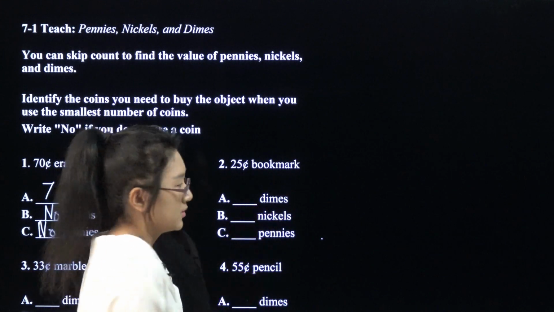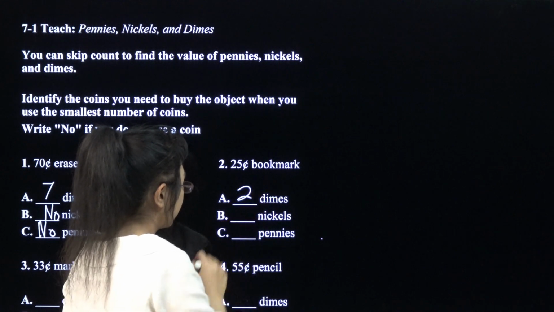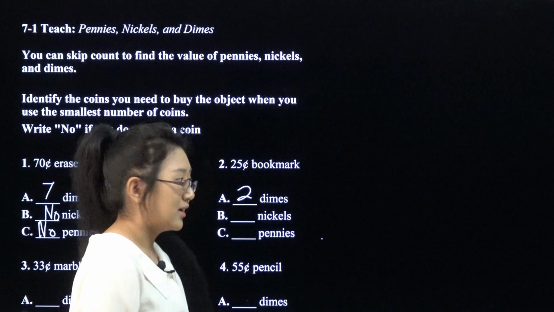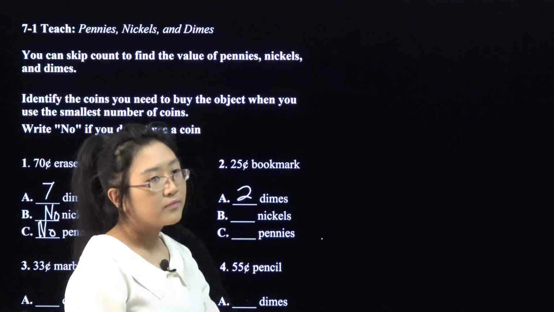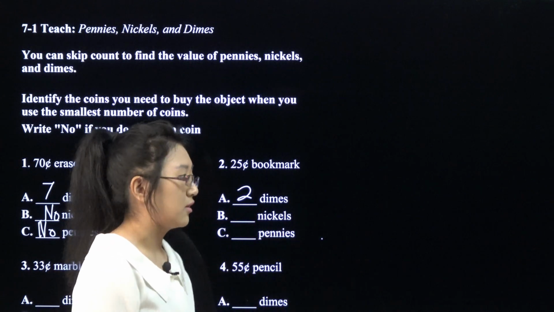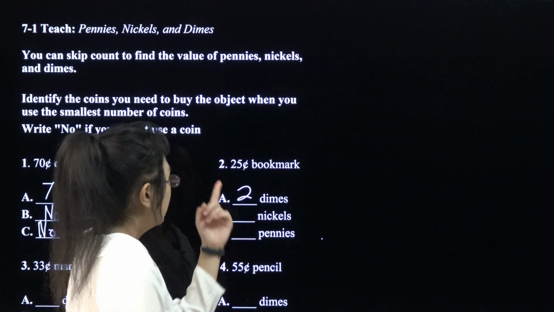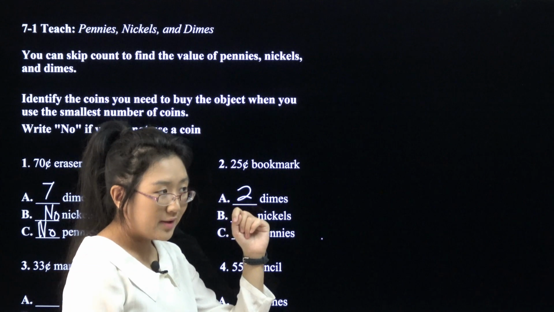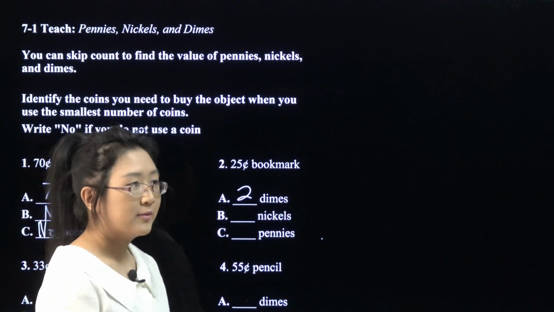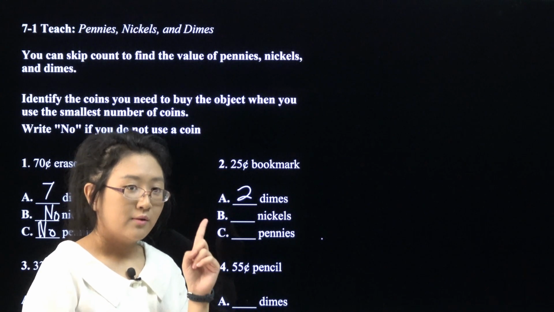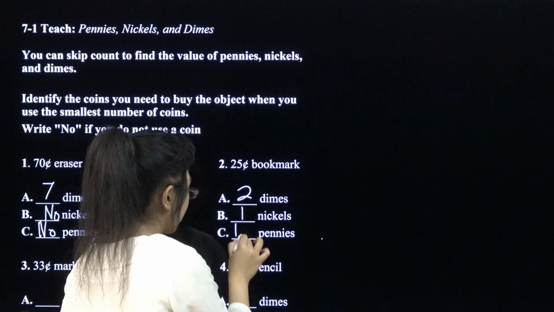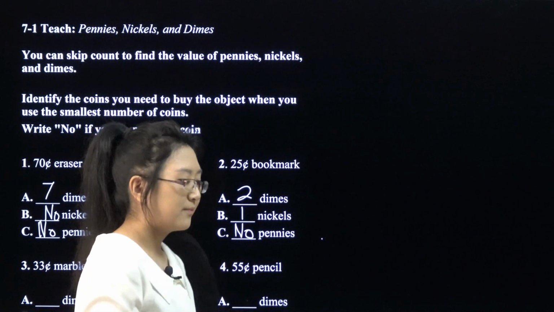But we do need 2 dimes, because 20. 2 dimes, and then we start counting by 5s, because the next smallest unit that we count by is nickels, and nickels is 5 cents, so that's by 5s. So it's starting from 20, 25. Oh, on the dot. Perfect. We only need 1 more nickel. And we don't need pennies, so no pennies.